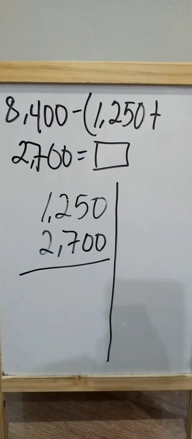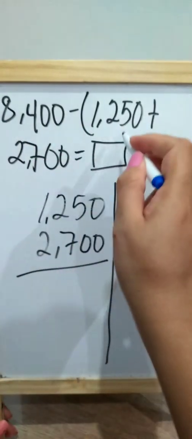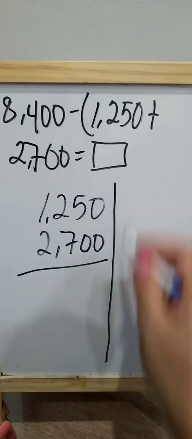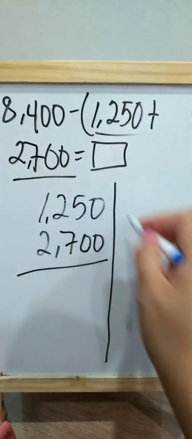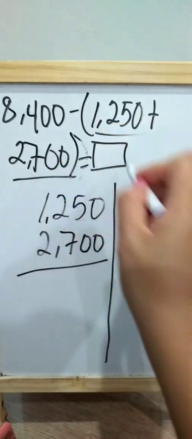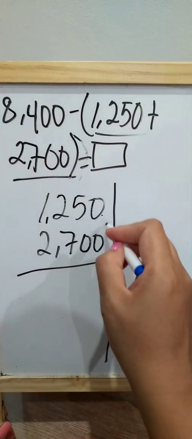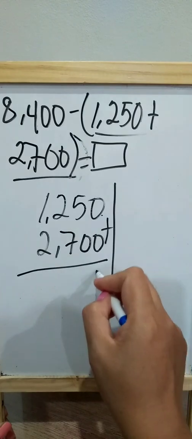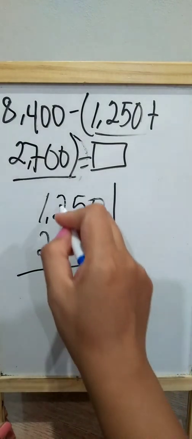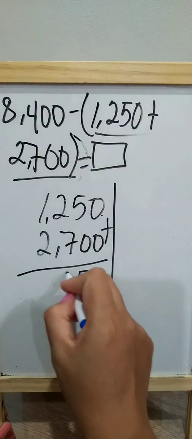So, example here: 8,400 minus 1,250 plus 2,700. We have to add these numbers first. 0 plus 0 is equal to 0. 5 plus 0 is equal to 5. 2 plus 7 is equal to 9.